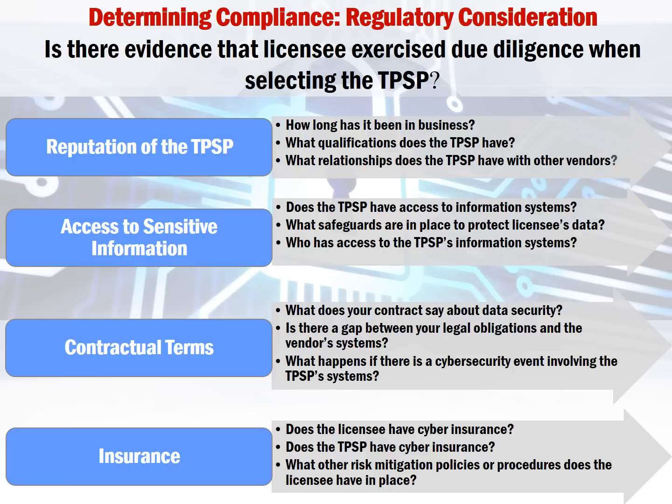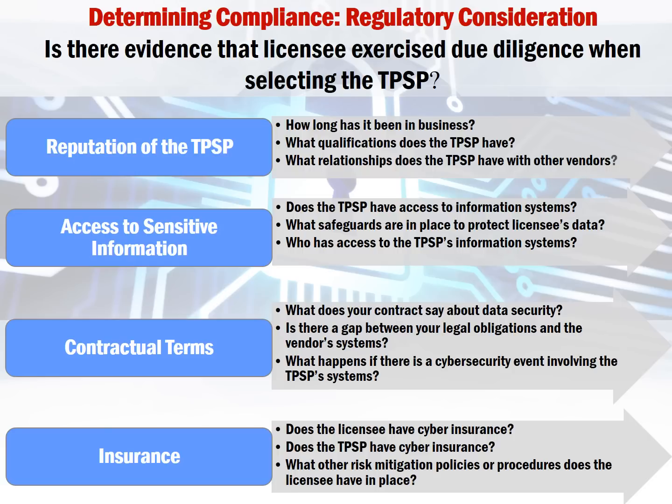Consider developing an IT questionnaire that addresses how the vendor complies with applicable laws governing non-public information, personally identifiable information, and protected health information, the vendor's privacy and information security policies and procedures, and the results of the vendor's risk assessment and remediation plan.